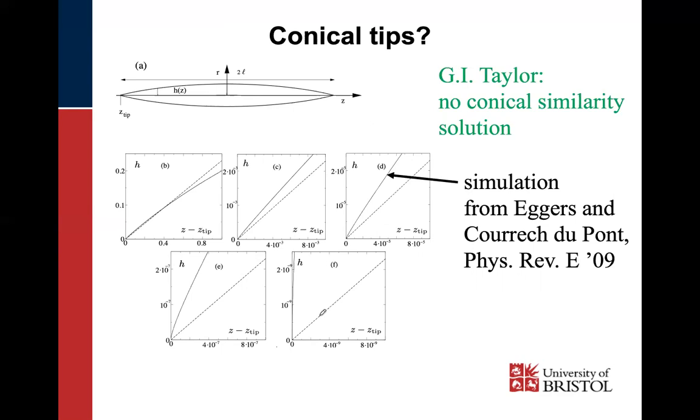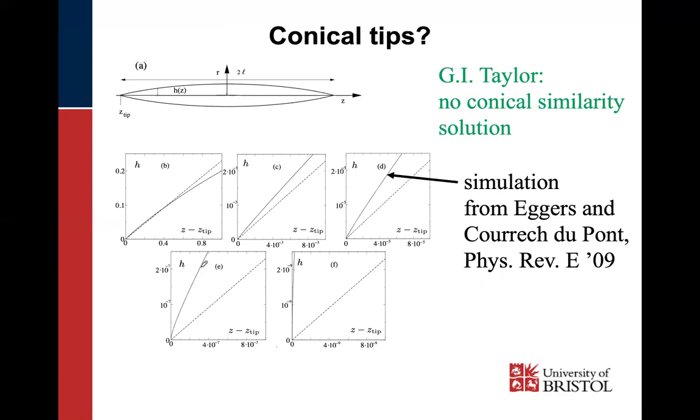And so what you see is that for each panel, the more you zoom into the tip, the slope of the interface increases. So indeed, the solution is not a cone, but a near cone whose slope increases very, very slowly if you zoom in.